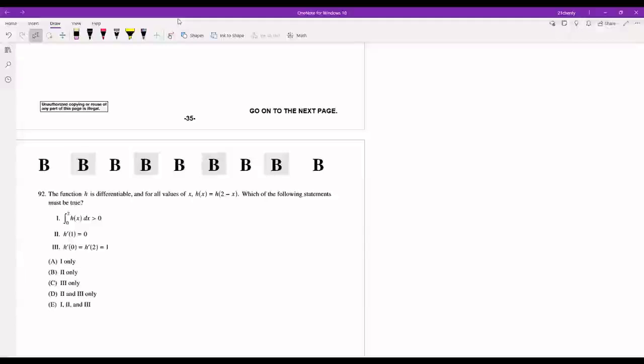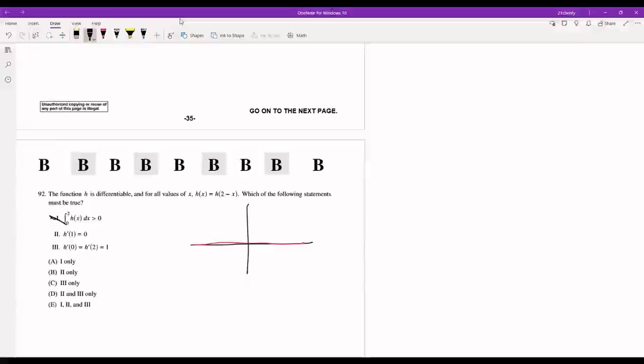No, that's not necessarily true, because I can give this example. If you have a graph and the line is just flat all the way, it does satisfy h of x equals h of 2 minus x, and the integral from 0 to 2 of this function is 0, which is not greater than 0, so 1 is not right.